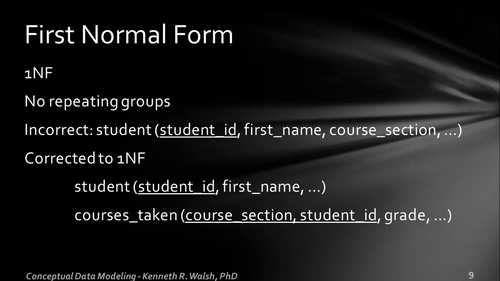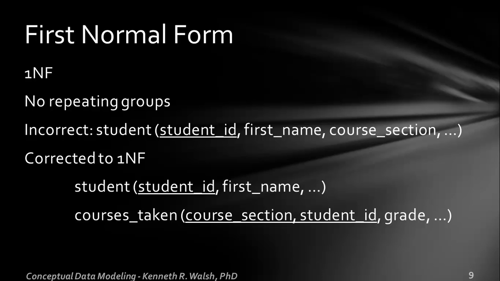Now, if a student were to take two courses, instead of having a repeating group as we did in the first example, we would have two complete rows of data in the courses taken relation. Note that compound primary key, course section and student ID.